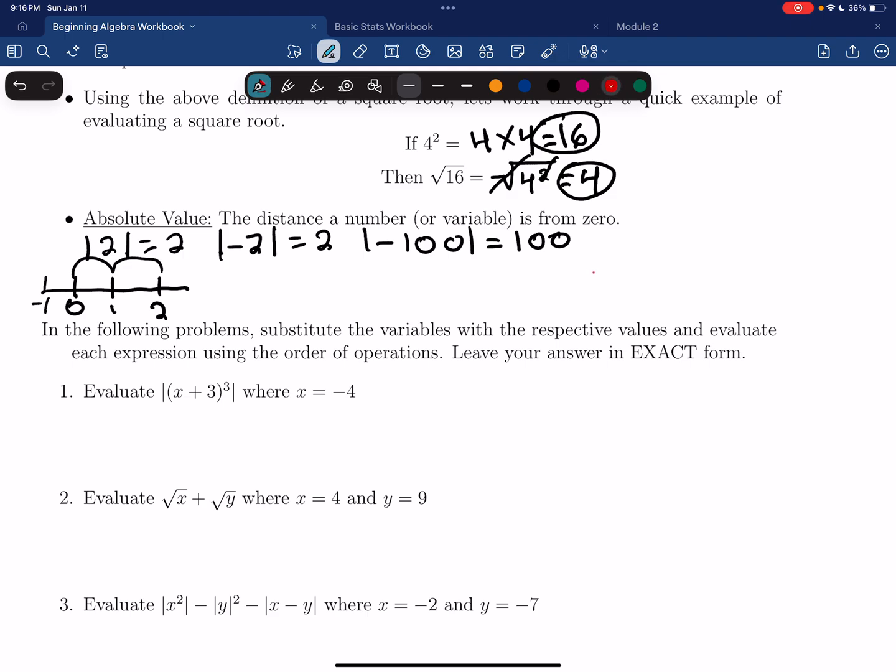Let's write that down as a rule, because that is a very important thing to remember. Absolute value is always positive.